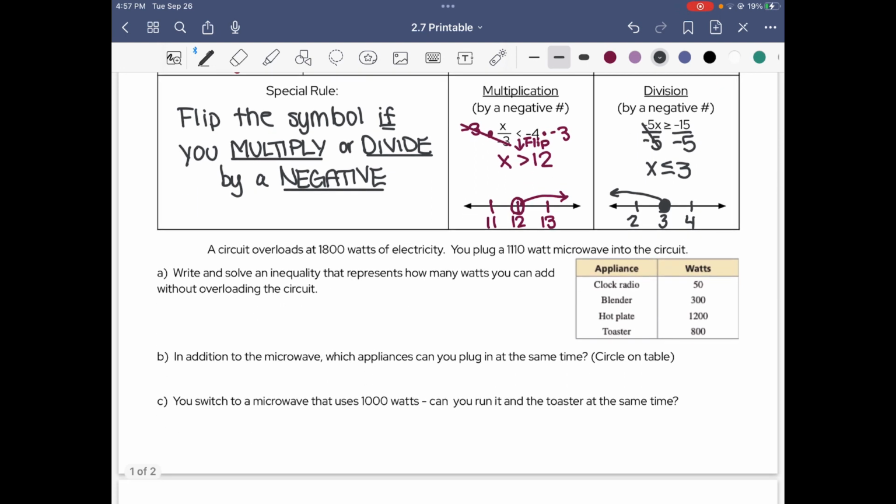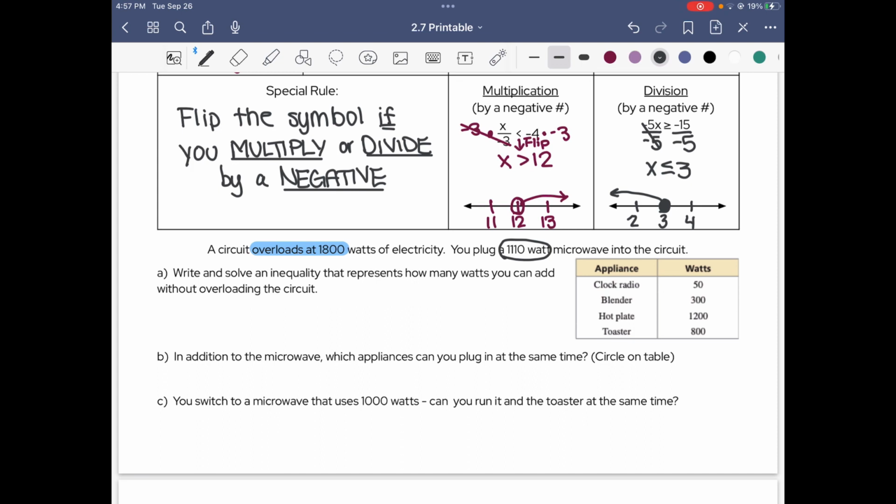Okay, here's why inequalities actually matter. We're going to do one word problem together. It says a circuit overloads at 1800 watts of electricity. That means you can't go over 1800. You have to stay less than 1800. So our inequality for this one would be that we are adding to our 1110 watt microwave. 1110.